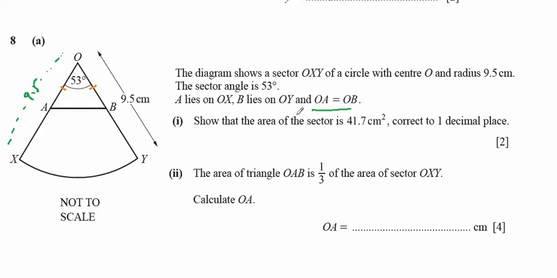If we know the formula of the area of the sector, we can easily do this part. Remember the answer is already given, so these 2 marks will be only for finding this value. The working we have to show.